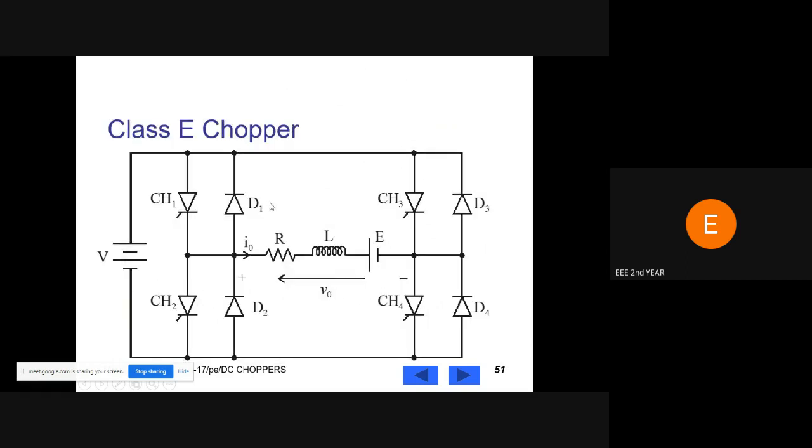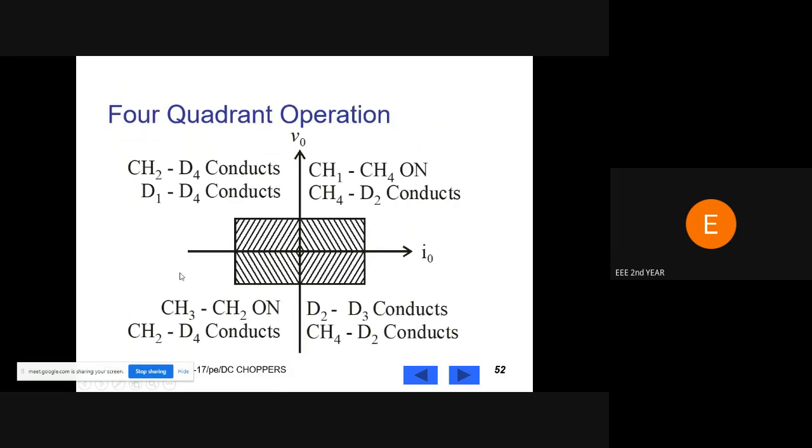And the last chopper is the class E chopper. In the class E chopper, we operate with four choppers and four diodes. In this case, it operates in all four quadrants.